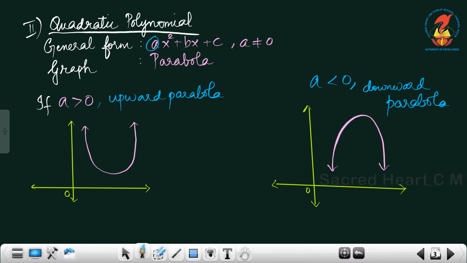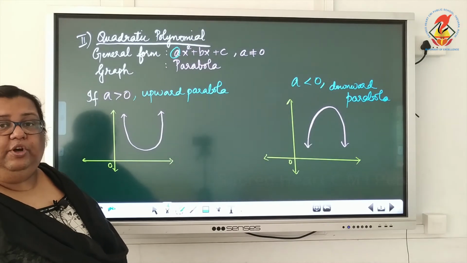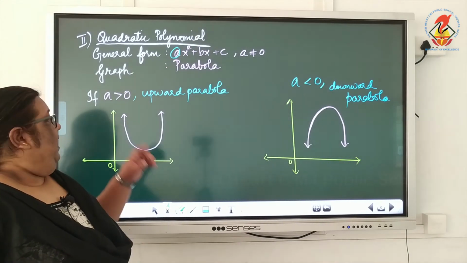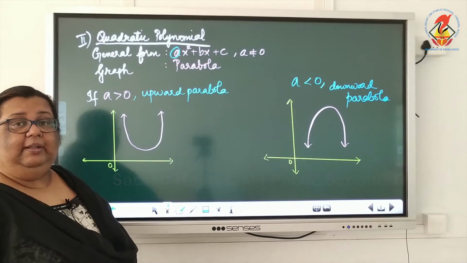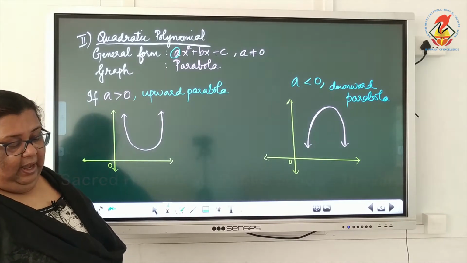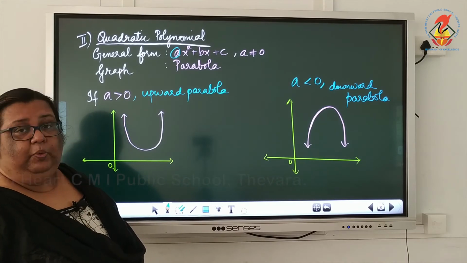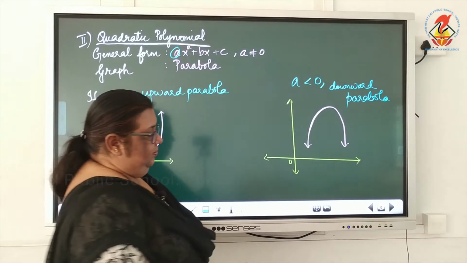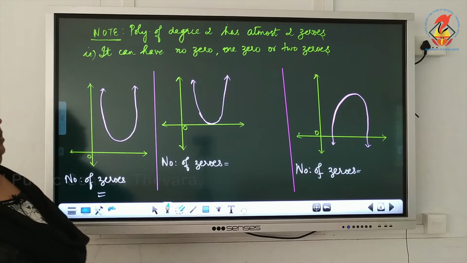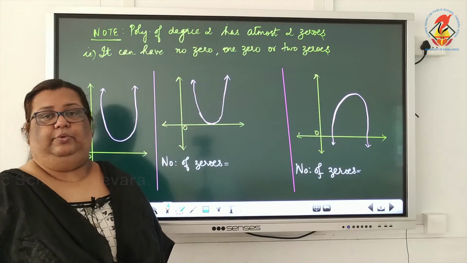I think that word is new to you, parabola. A U-shaped graph is called a parabola. If a is greater than 0 in a quadratic polynomial, we get an upward parabola, and if a is less than 0, a downward parabola. A polynomial of degree 2 has at most 2 zeros.